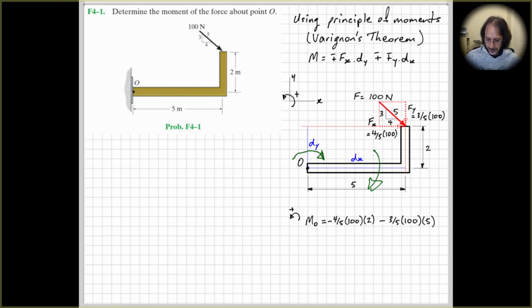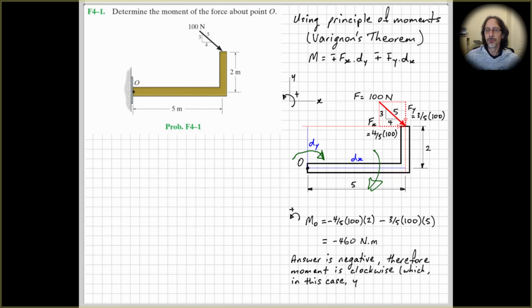Let's put our numbers in our calculator. We get negative 460 Newton meters for the moment of the force about point O. Because it's negative, that indicates that the moment is clockwise, which we've seen by inspection.